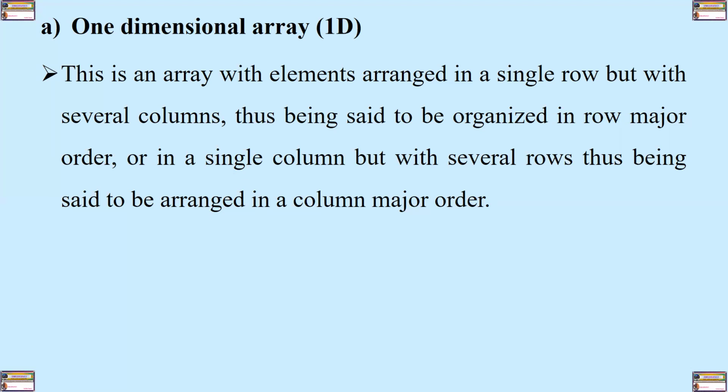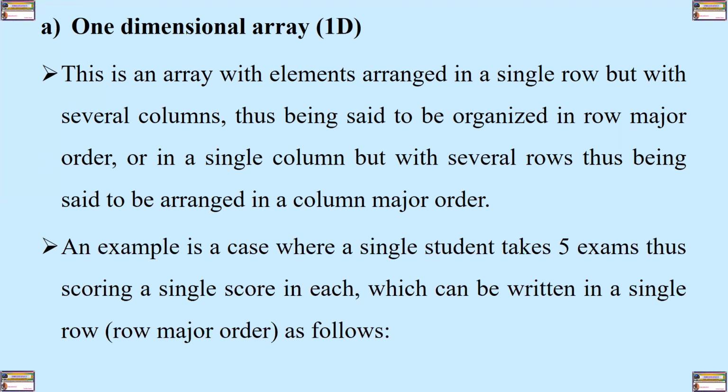three-dimensional arrays, etc. So an example of a one-dimensional array is where a single student takes 5 exams, thus scoring a single score in each, which can be written in a single row, what we call row major order. So when we are speaking about a one-dimensional array, we are speaking about elements being stored in a single row. And why talk about row instead of the column?